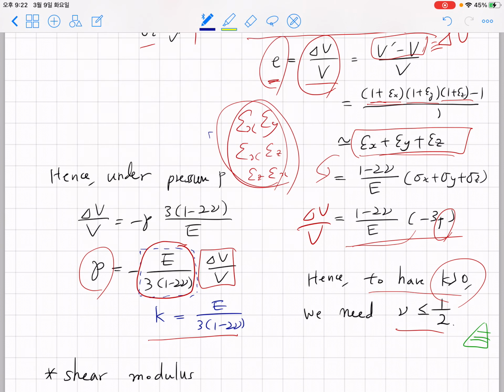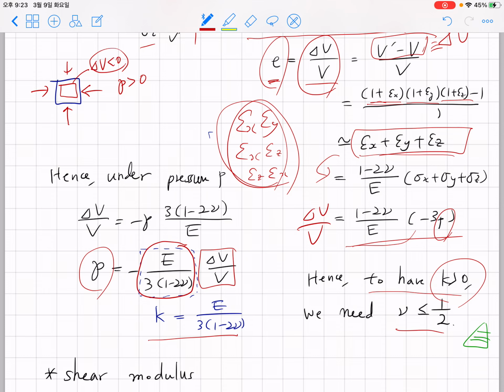So when you have a material and consider it under compression, because it's under compression, pressure is larger than 0. What you can expect is that under compression, the material will shrink. You're going to have delta V smaller than 0.